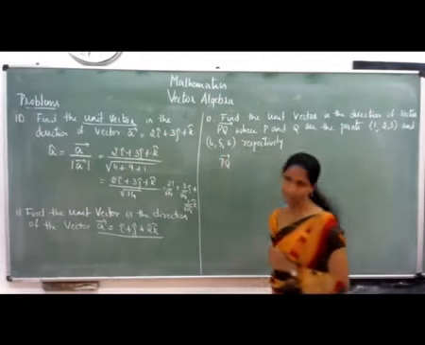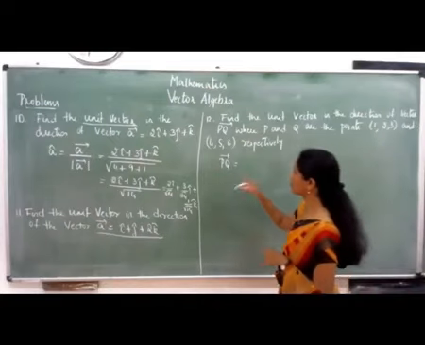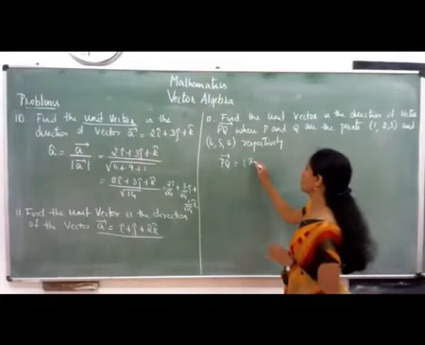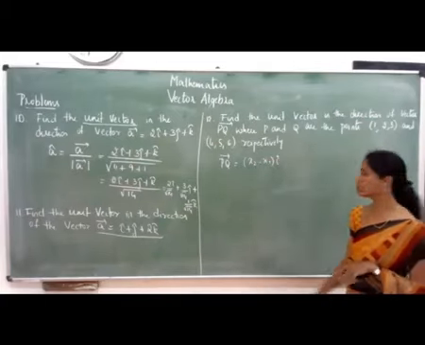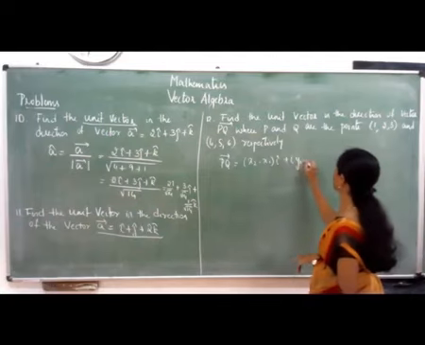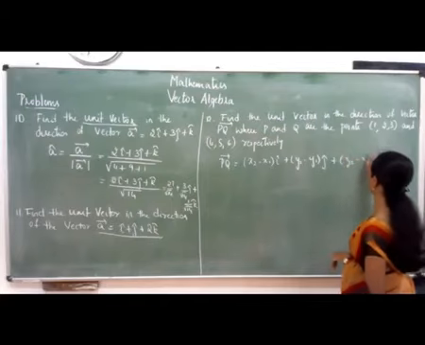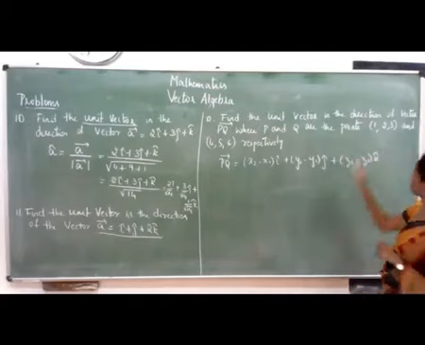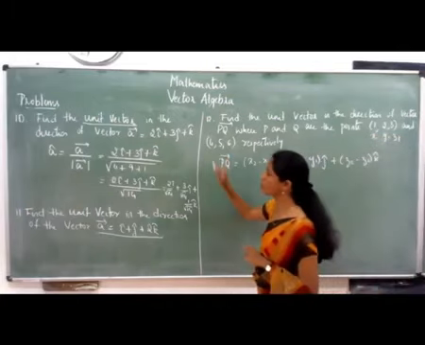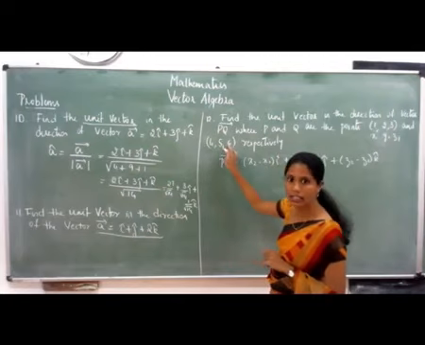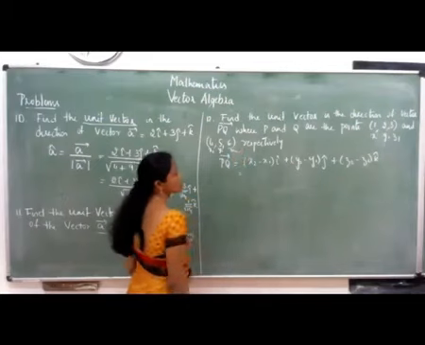We have just seen how to find vector PQ when 2 points are given, by applying the formula. So vector PQ will be given by x2 minus x1 I cap, plus y2 minus y1 j cap, plus z2 minus z1 into k cap. This will be your x1, y1, z1 and this point will be your x2, y2, z2.